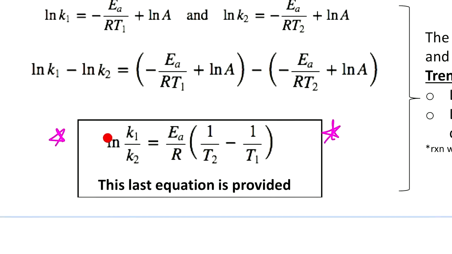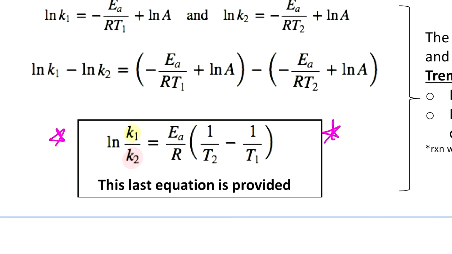Okay, so natural log of the ratio of the rate constant at the first temperature over the rate constant at the second temperature is equal to activation energy for that reaction over R. Remember, R is a constant. Parentheses, inverse the second temperature minus inverse the first temperature.